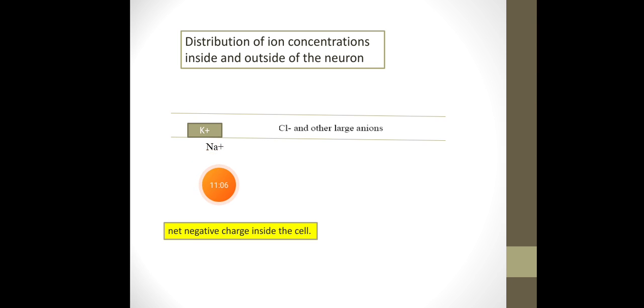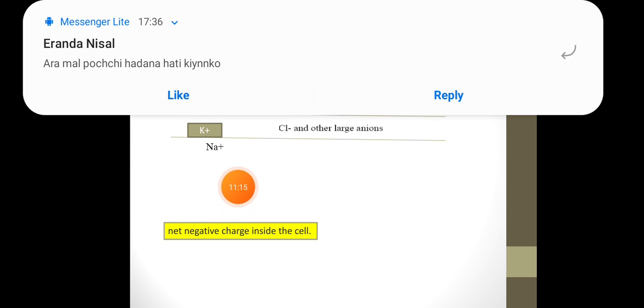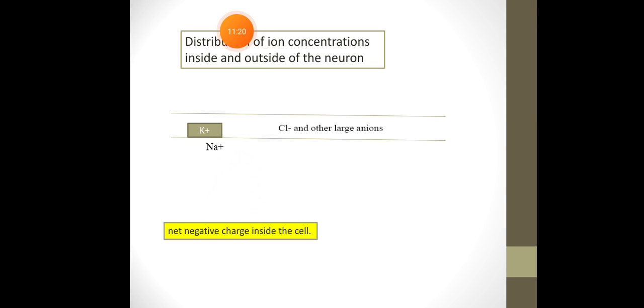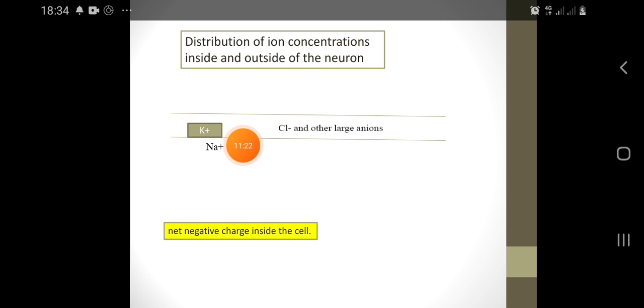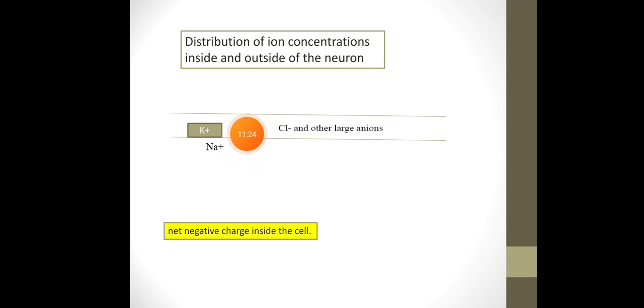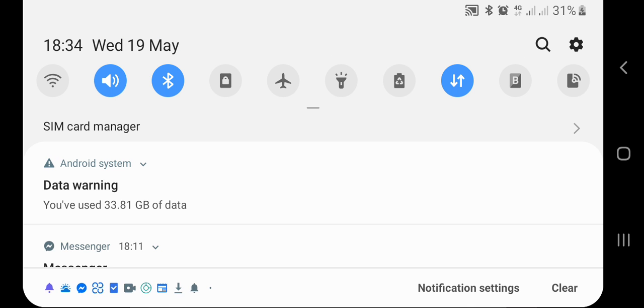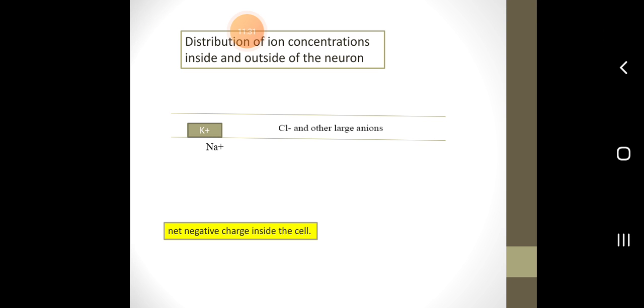With a high amount of potassium channels, a high amount of potassium moves to the outside of the cells. But sodium ions could not transfer in that way. So that's what happened. Then what will happen?